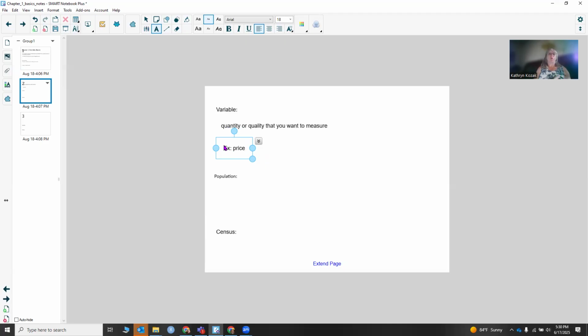So one thing I should mention is that normally when I go to measure the price of a house, I wouldn't look at just the price. I might also want to look at the square footage of the house, how many bedrooms and bathrooms it has, the lot size, and the year it was built.